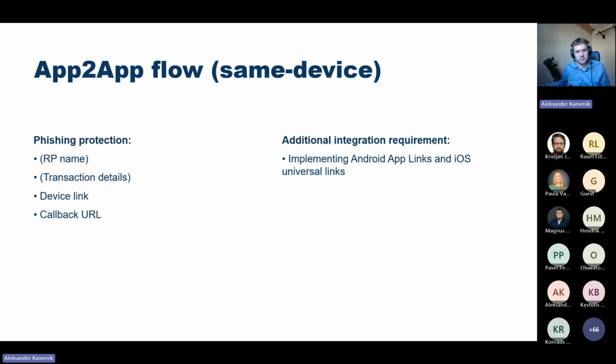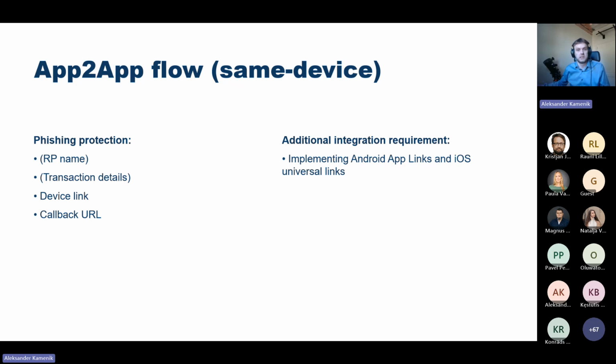These are the technologies the Smart ID app itself uses for device links for them to launch. In practice, this means you need to define a couple of JSON files and put them up on the web server of whatever domain you will use for your app links.